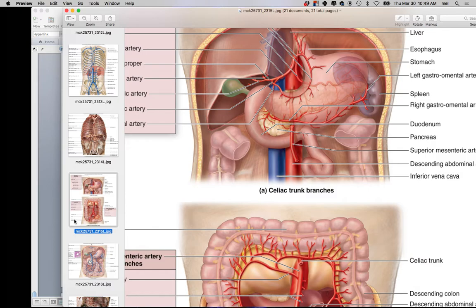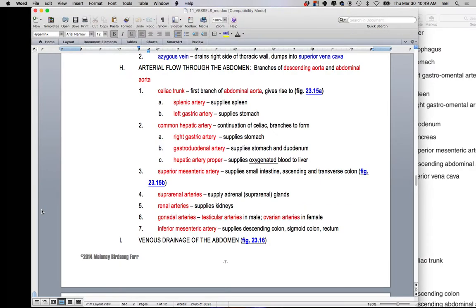So what I want to do is get you guys to think about why this is going on by doing an exercise in assessing how the blood is different in 3 different vessels. So we're going to do the hepatic artery proper, which is this guy right here.